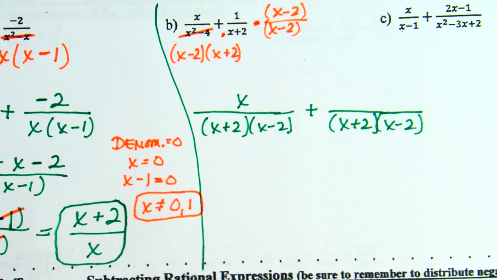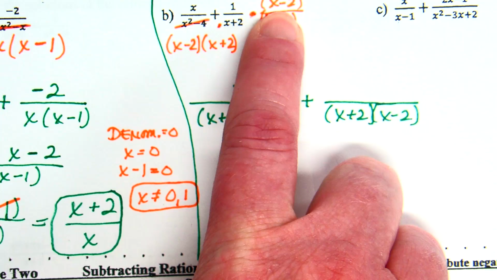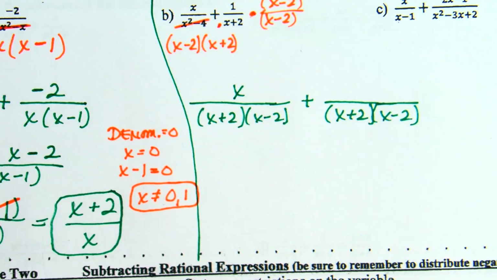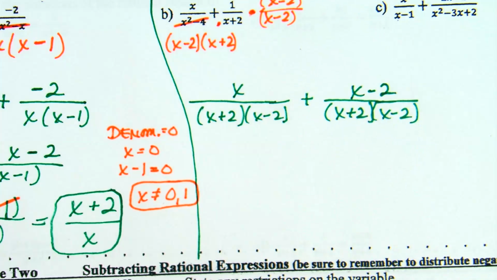Don't overthink this. What is 1 times x minus 2? Because 1 times anything is just anything, right? So 1 times x minus 2 is x minus 2.